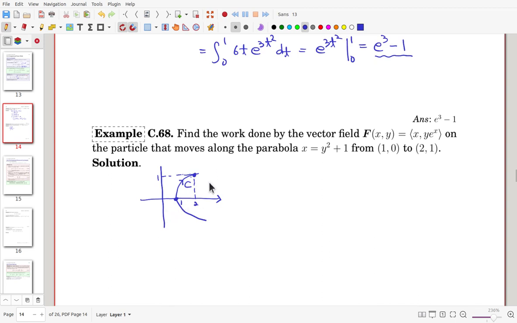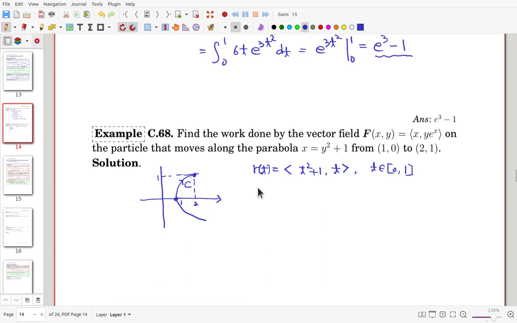Now, we have to find the representation r of t for the curve. Once we choose t for y, then x is t squared plus 1. And y is moving from 0 to 1, so t is in the interval 0 to 1.